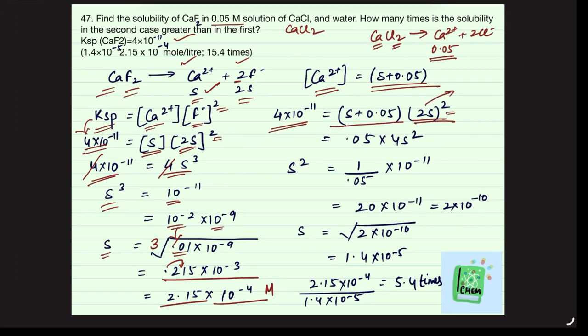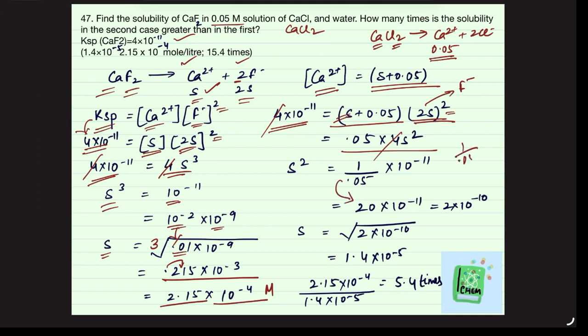This is the concentration of fluoride ions. Now, solving 4 into 10 to the power minus 11, here S can be neglected. 4 into 10 to the power minus 11 is equal to 0.05 multiplied by 4S square. 4 gets cancelled, so S square is equal to 1 by 0.05 into 10 to the power minus 11. 1 by 0.05 can also be written as 20.